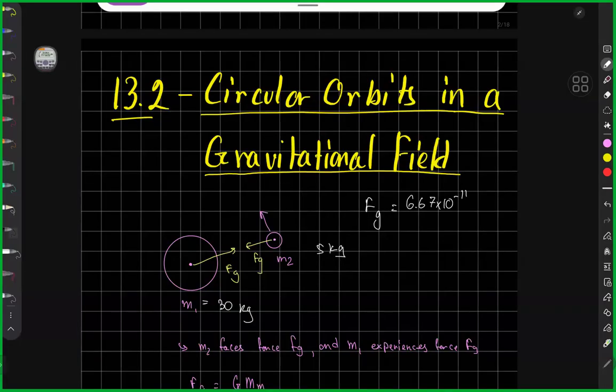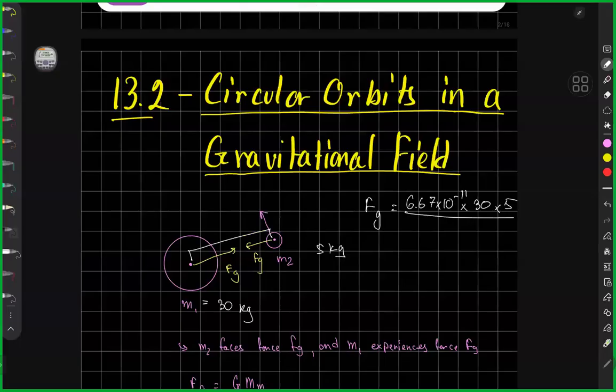I'll get that out of the way. So this is your G, the gravitational constant, times the product of the masses. What is M1? 30, I've given. And what is M2? The product of both masses interacting, 5 kg. So G M1 M2 divided by separation squared.